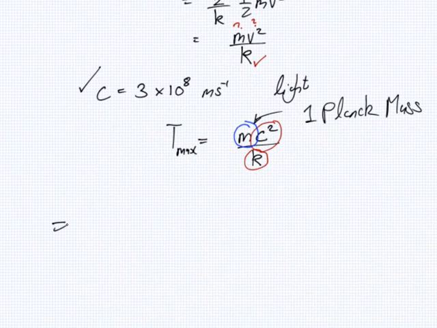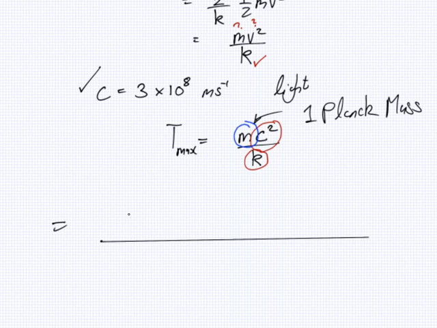Now I need to look up Planck mass because I forgot it. So the answer there is a limit, right? Well, let's calculate it. So Planck mass is 0.02 milligrams. Milli is 10 to the minus 3 grams. Oh, I wanted kilograms, not grams.